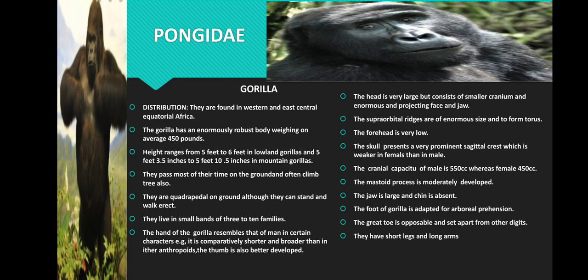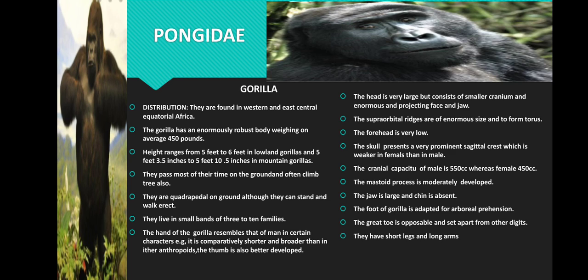The mastoid process is moderately developed. The jaw is large. A little bit of prognathism is present in the gorilla. The chin is absent. The foot of the gorilla is adapted for arboreal prehension, right? They have short legs and long arms.